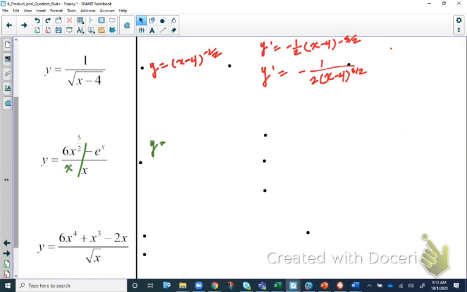And on the left-hand side with the x terms, we're just going to use properties of exponents where we can subtract the exponents from each other, and that would give me 6x to the 3/2 power. But the term on the right doesn't really simplify. And if I wanted to use the power rule, I want to bring that x term up into the numerator, so that'll give me negative e to the x power times x to the negative 1 power. And you can see here is where we're going to have to use a product rule.